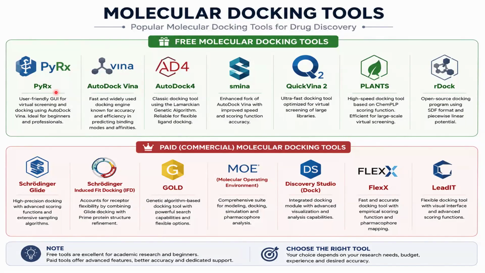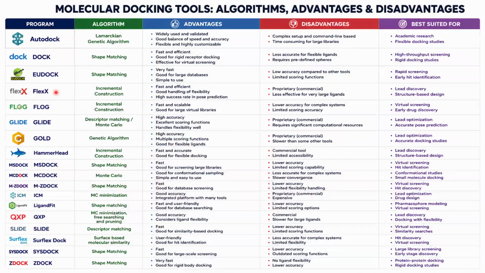Also, free tools like PyRx and Vina are helpful for academic research, and these tools are also acceptable for publications. So here I mentioned the advantages, disadvantages, and best suited use for academics or research for AutoDock, Dock, UDock, Flex, Gold, Glide; you can find the tools and their use, and which algorithm the tools use.